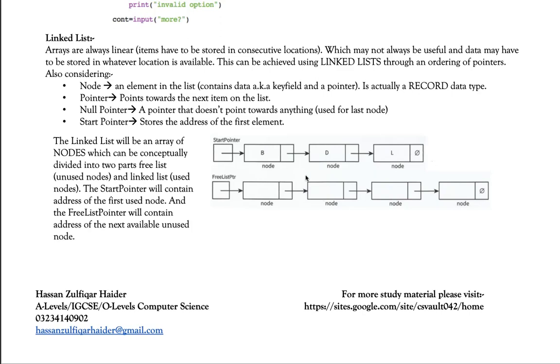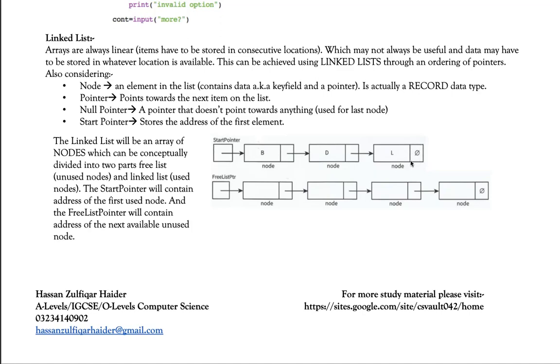So the start of your used linked list, or your actual linked list, is represented by this variable over here. The start pointer tells you what the first node is. And once you reach the first node, every node has a pointer value pointing towards the next node. So all you have to do is move to the first node and each node will tell you where to go from here.